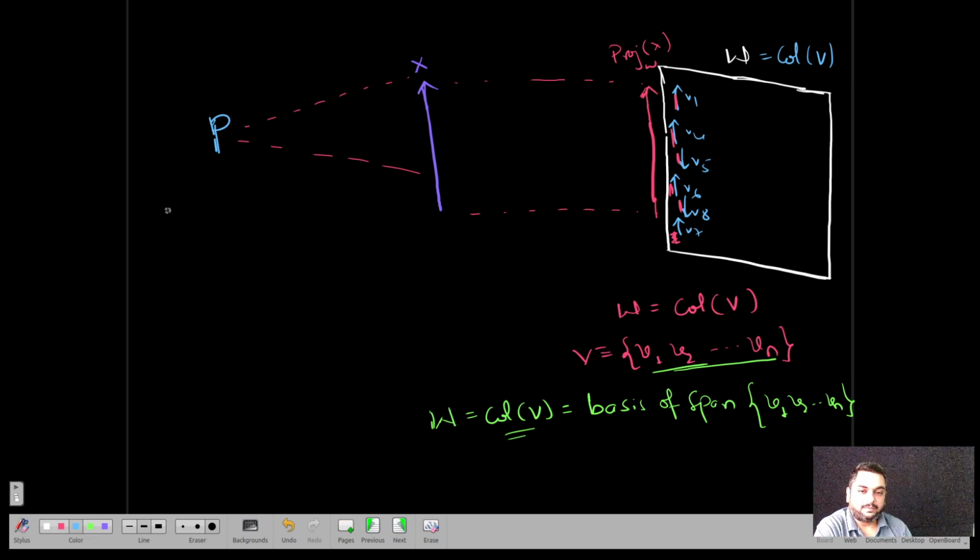P is nothing but V, the vector space V, or we can call V a matrix, V into V transpose V, and then inverse of it, into V transpose. So this is equal to P.